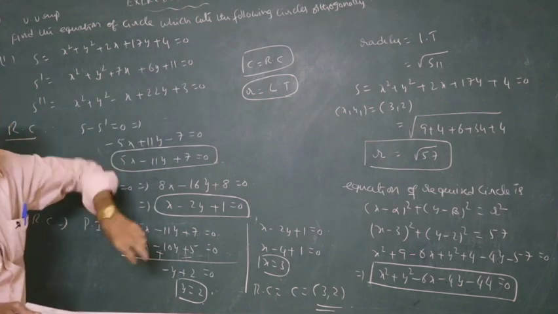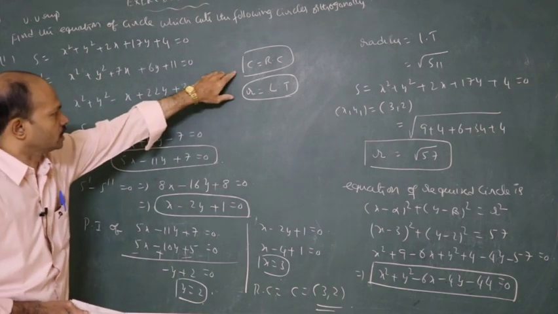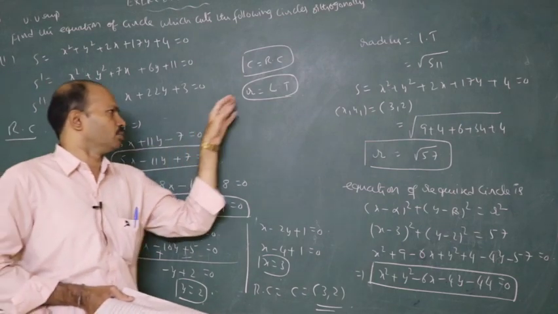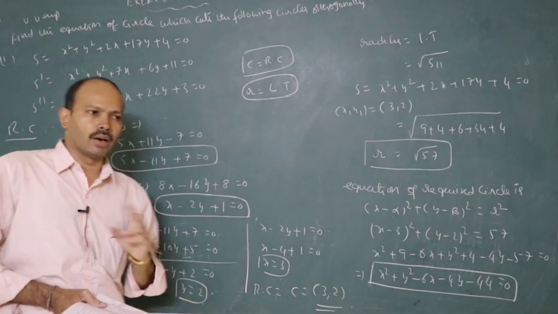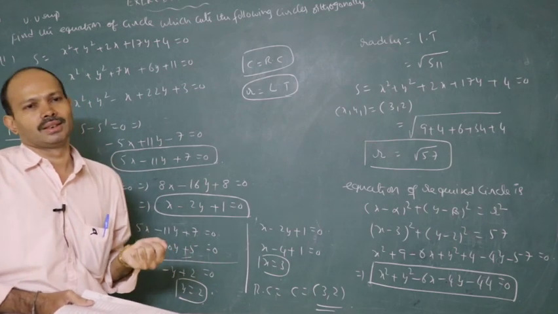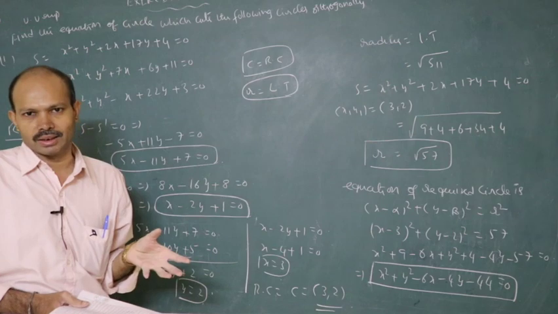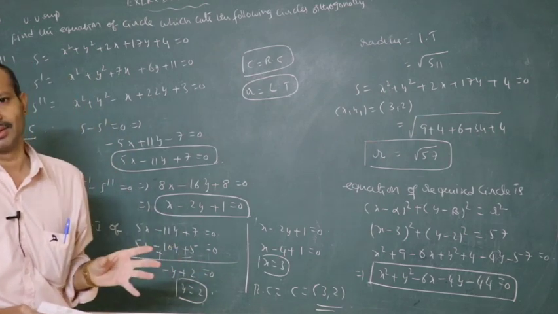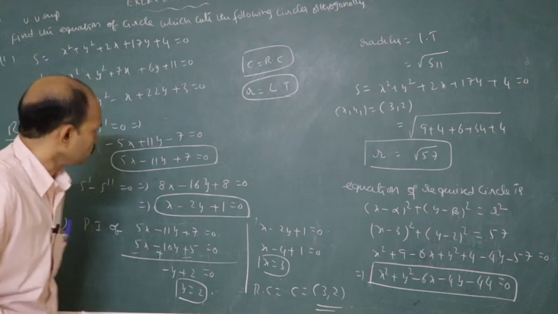For an orthogonal circle, the center is nothing but the radical center and the radius is nothing but the length of tangent. You may have a doubt, what tangent do I have to take? You take any tangent, all the 3 circles always give the same length. There is a common property.